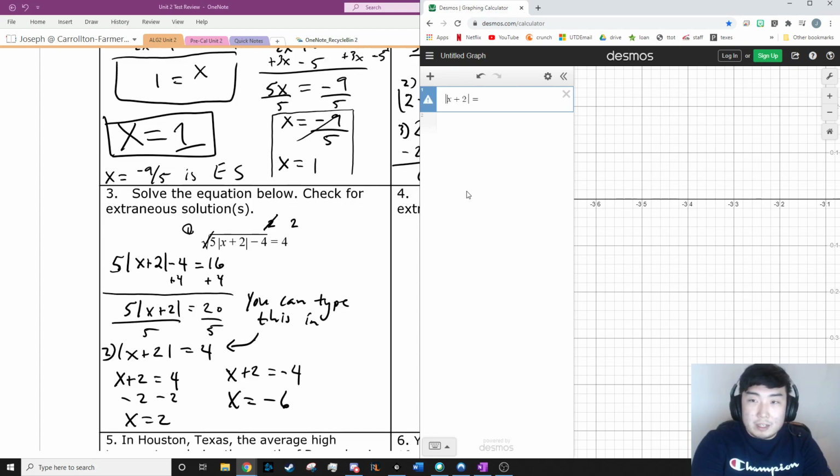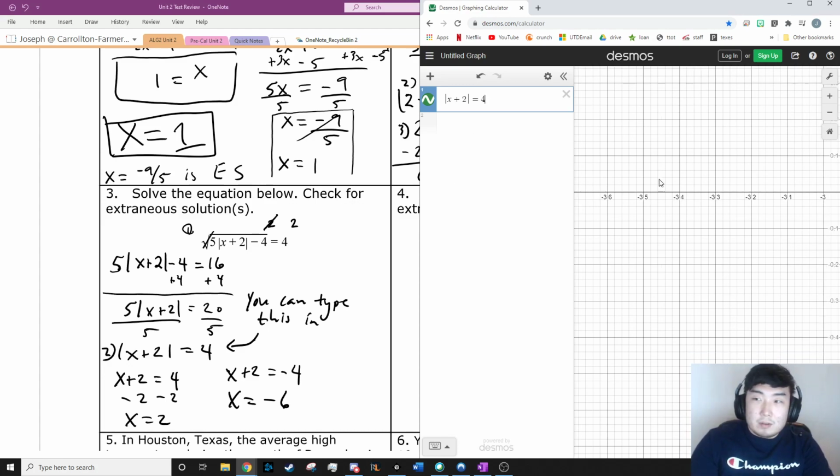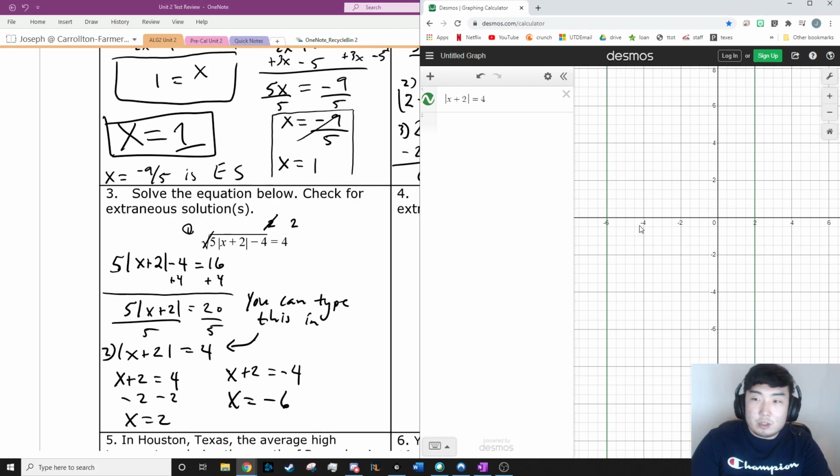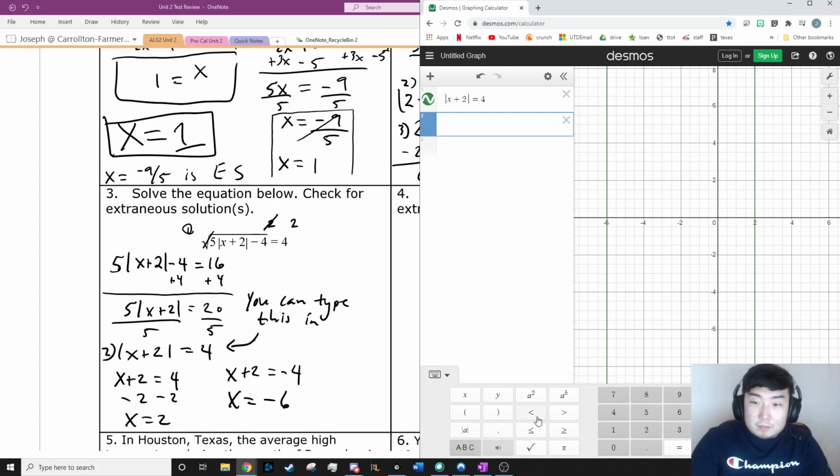I guess I don't need the 5. So let's scroll out and let's see. Okay, now I have 2 things right here. Let's look at my other equation when I write out all of it. So square root of 5 times absolute value of x plus 2 minus 4 is equal to 4.